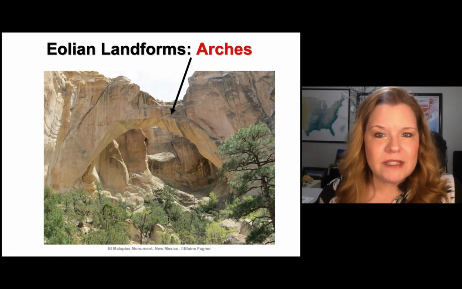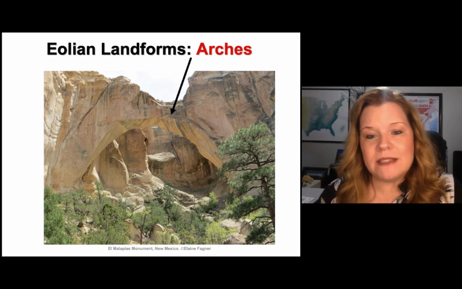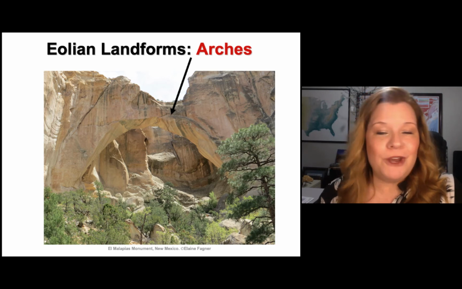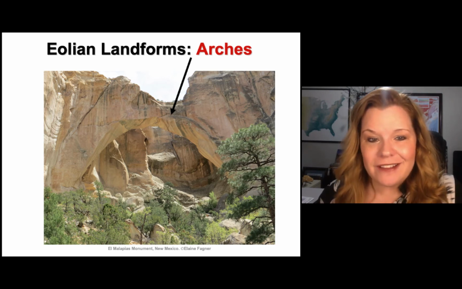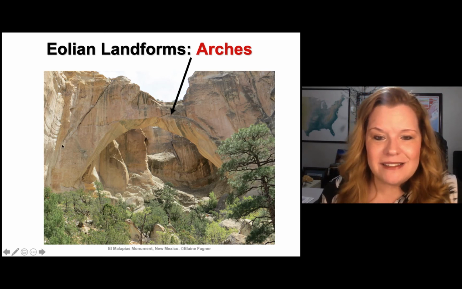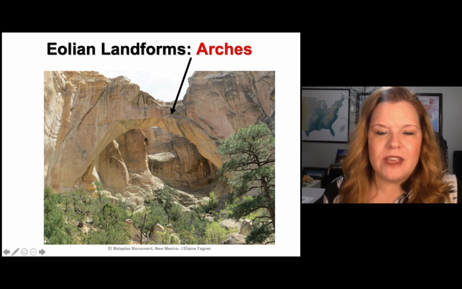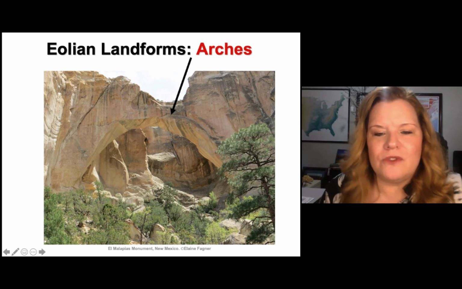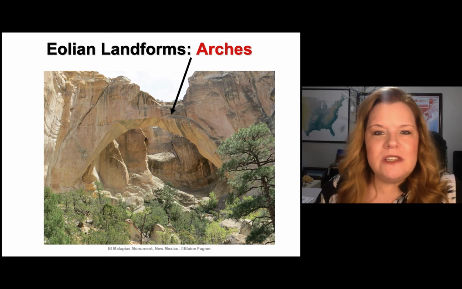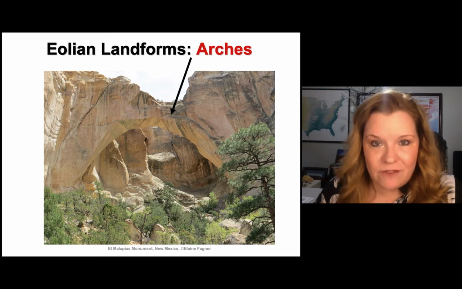Arches don't all look the same. Here's an arch called El Malapais, and it's in New Mexico. Beautiful. By the way, do you see the chemical weathering, all the deposits, and you can almost see where the groundwater oozed out of this thing and chemical weathering occurred, desert varnish. So arches are unique and they don't last forever.